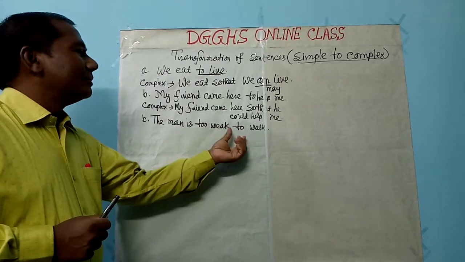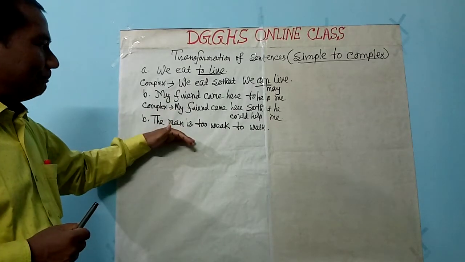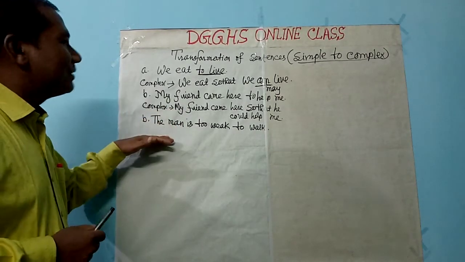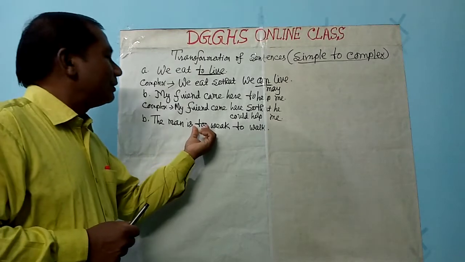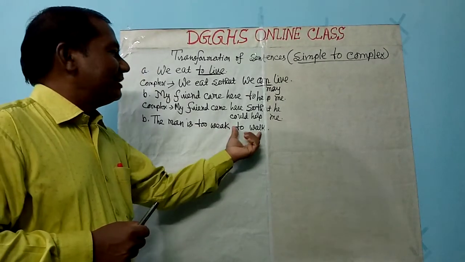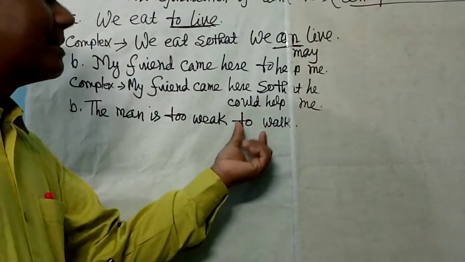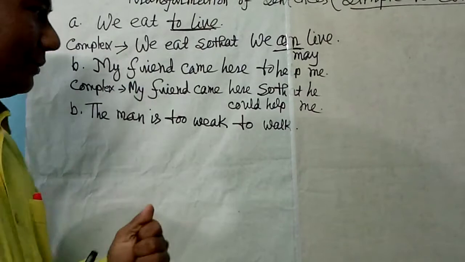Here 'too' is followed by 'to'. In order to make it complex, we'll use here 'so... that'. It will be negative, that means here will come 'cannot'.